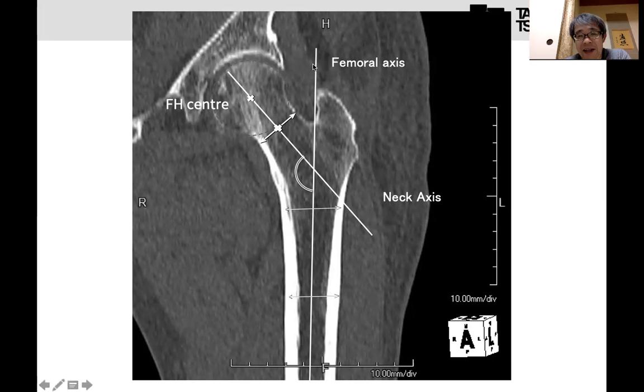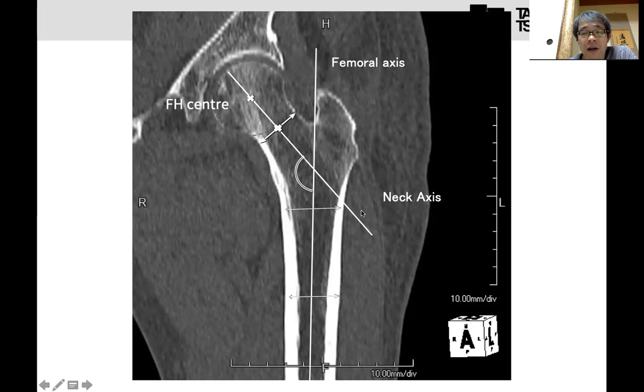This is the femoral shaft axis. The femoral axis is the center line just below the minor trochanter and 5 centimeters below the minor trochanter, and draw the line between the centers of these points.